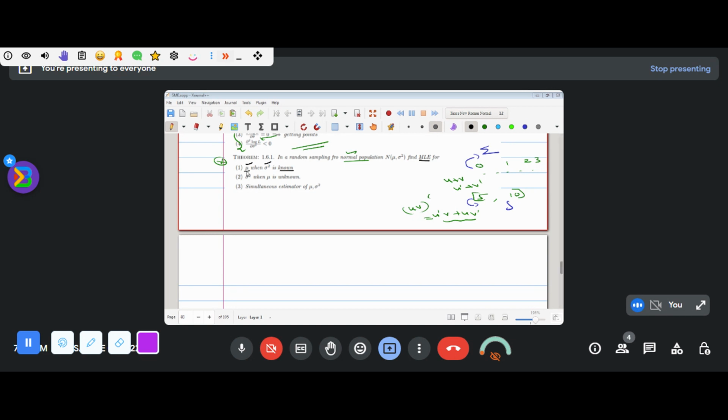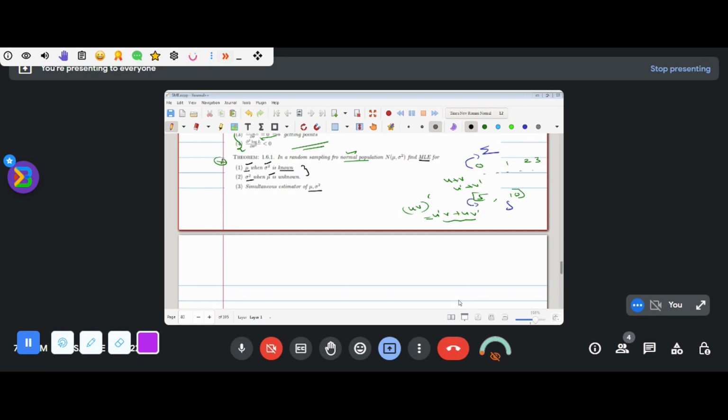We want to find mu when sigma squared is known, and sigma squared when mu is known. These two parts are very easy. Using these two parts, the third one is the simultaneous estimator of mu and sigma squared.